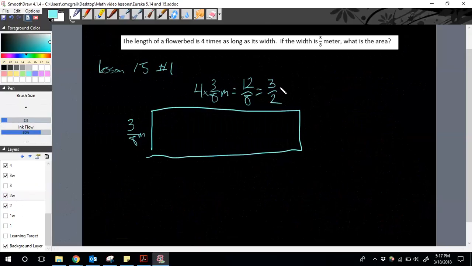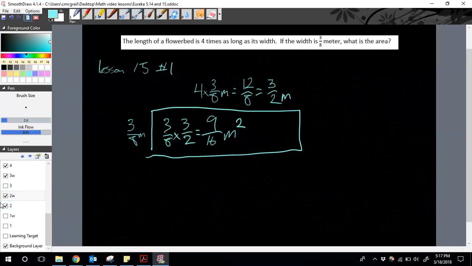Now I could turn this into 1.5, but I'm just going to leave this as a fraction so I can multiply them together. So I'll do 3/8 times 3 halves equals 9/16 square meters. So the area of that flower bed is 9/16 square meters.